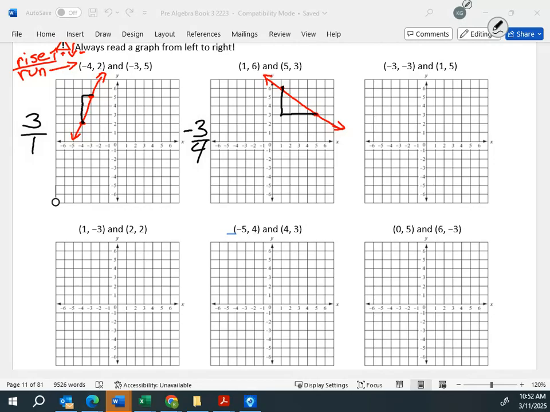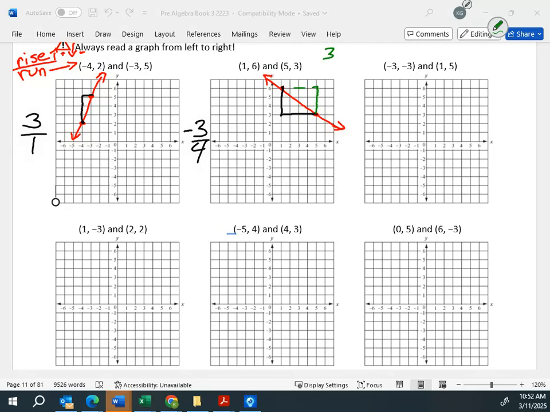So Christina pointed out, oh, you're going to get a right angle. You are getting right angles with your slope. You are absolutely correct about that. But remember, you start on the left and you go to the right. Because look at what happens if I start on the right and I go to the left. I say, oh, I go up 1, 2, 3, over 1, 2, 3, 4.